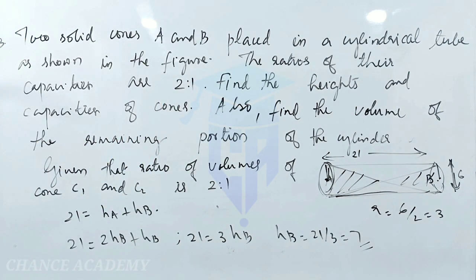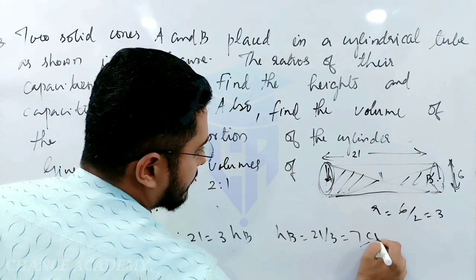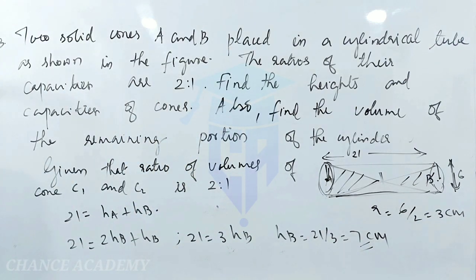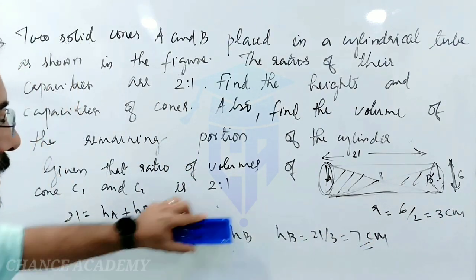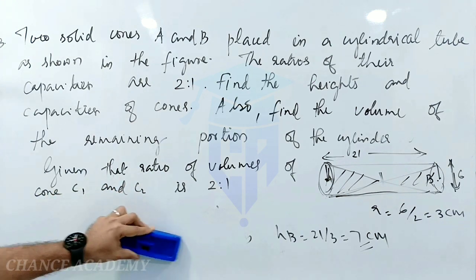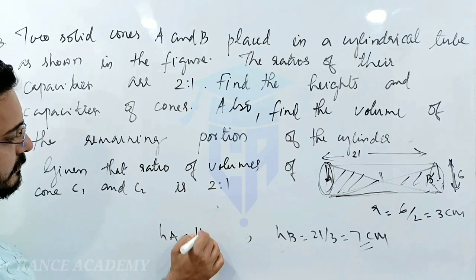So we got the height of the smaller cone as 7 centimeter. If the radius is 3 centimeter and the smaller height is 7 centimeter, the height of the larger cone HA will be 14.